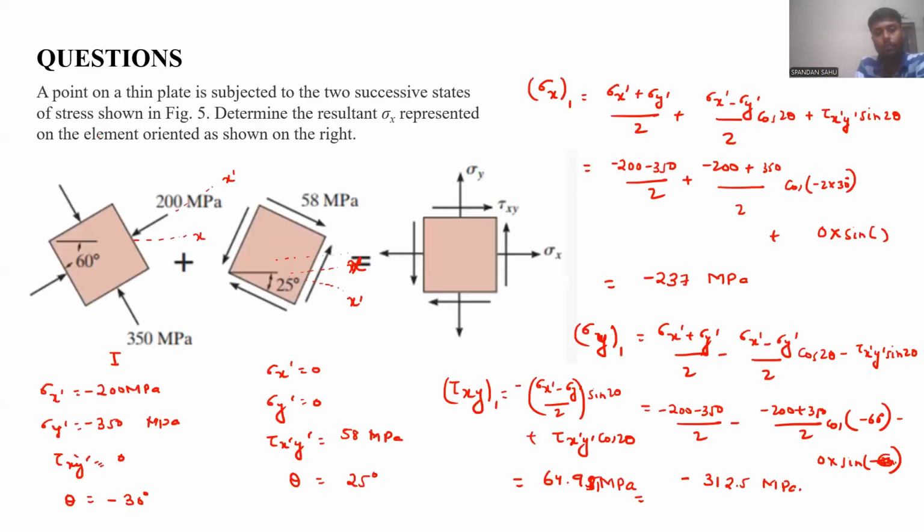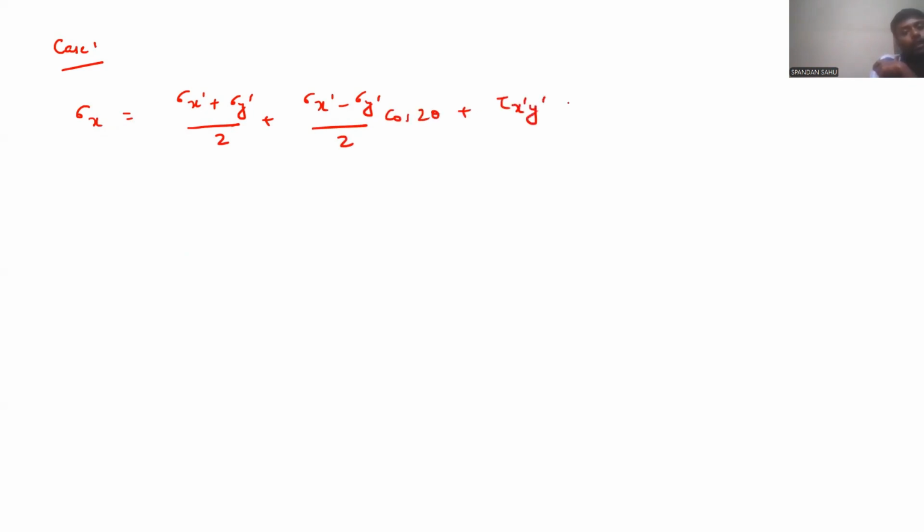So for case 2, similarly, sigma x for the second one can be written as (sigma x prime plus sigma y prime) by 2 plus (sigma x prime minus sigma y prime) by 2 cos 2 theta plus tau x prime y prime sin 2 theta.